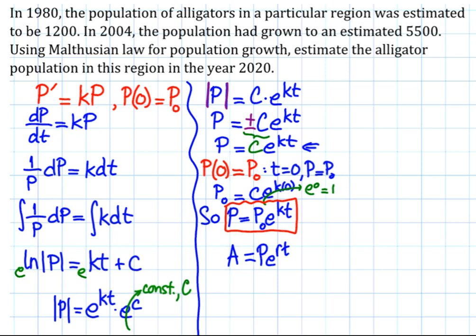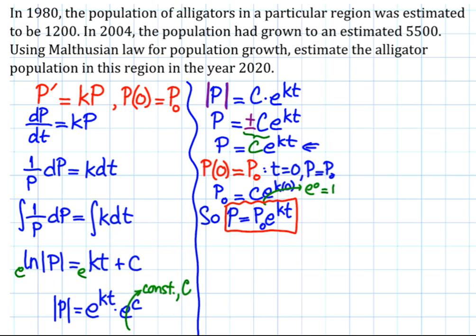All the same formulas also appear in chemistry, radioactive decay. But like I said, if you memorize a formula, we don't have to derive that every time. Now we're going to use that formula to solve our problem.